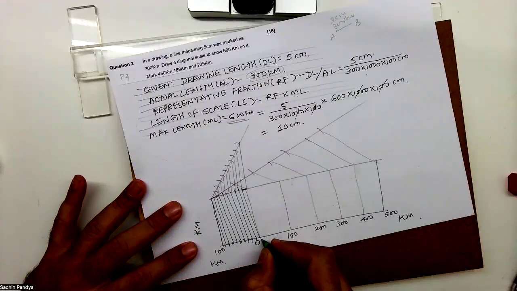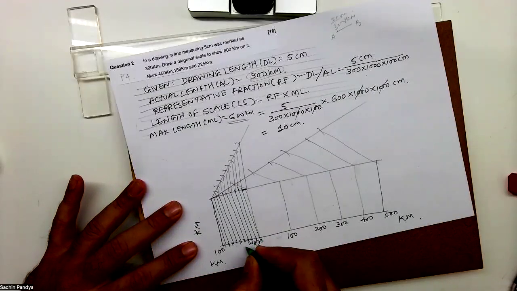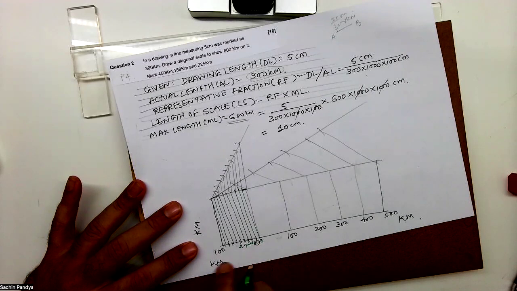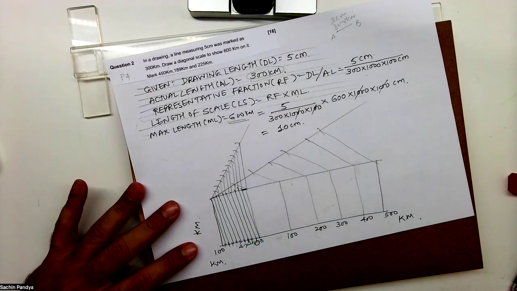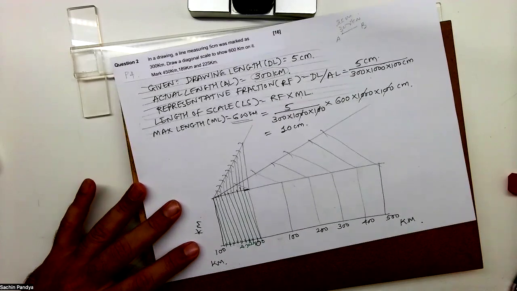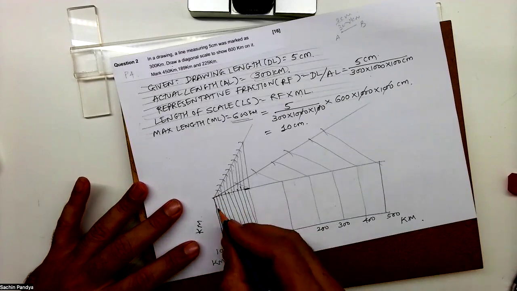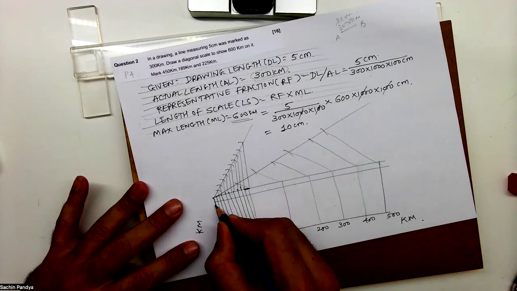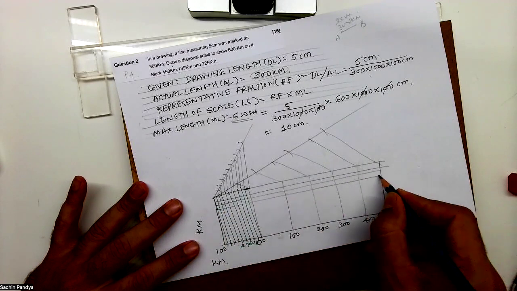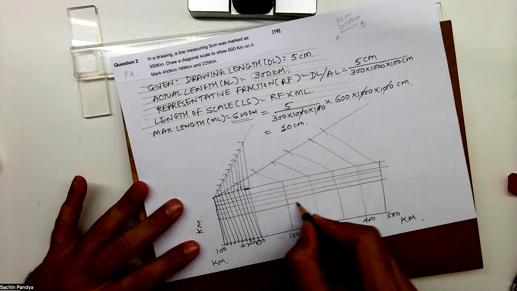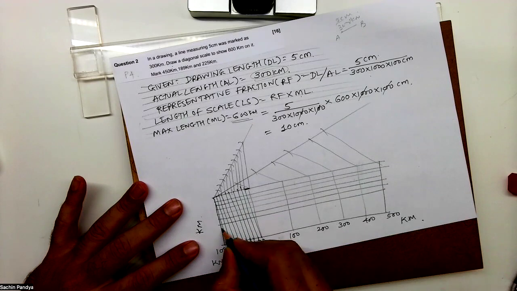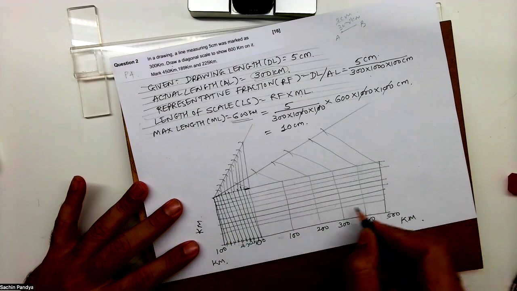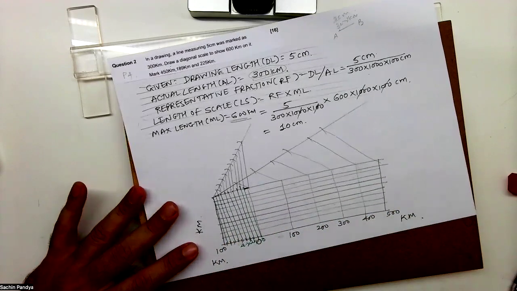Because this is 10, right? This is 10, 20, 30, 40, that way. And then we'll divide this vertical line into 10 parts. 1, 2, 3, 4, 5, 6, 7, 8, 9, 10.